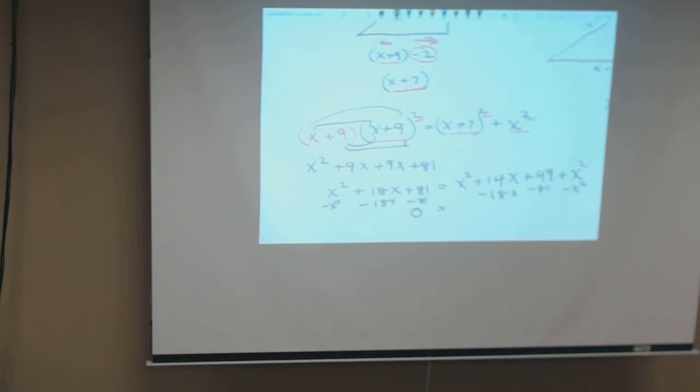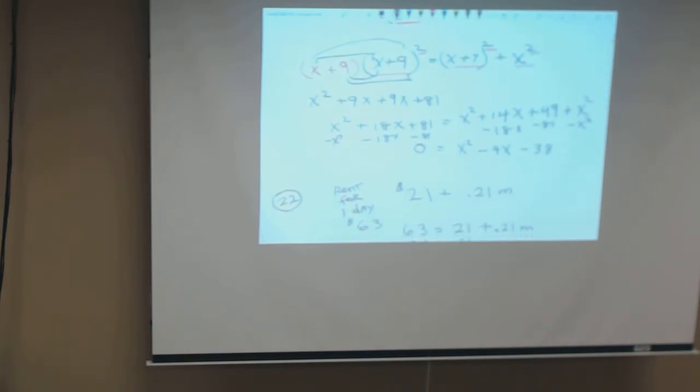And I have x squared minus 4x minus, I better be careful here, 87 minus 49, 38. And that equals 0.